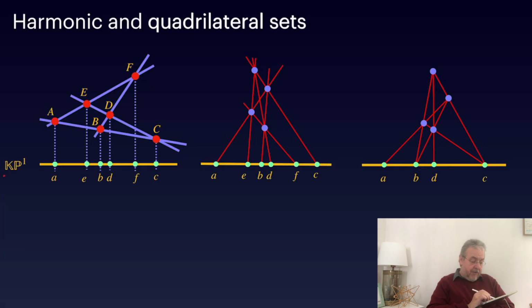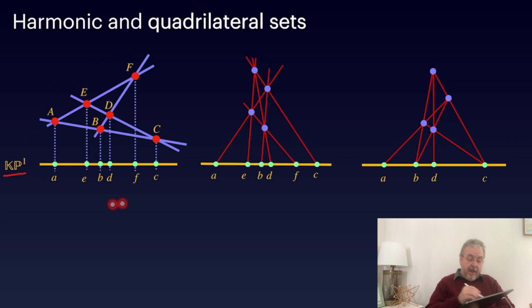So you see these yellow lines here in each of those drawings, and those yellow lines should represent a one-dimensional projective space or one-dimensional projective line, and essentially we are talking about certain configurations of points on the projective line that are defined by, well, essentially other configurations in a surrounding space that somehow relate to them.